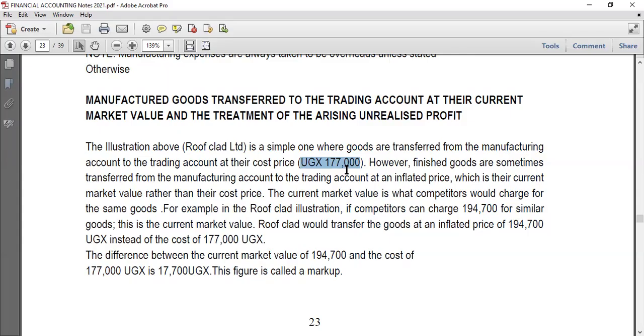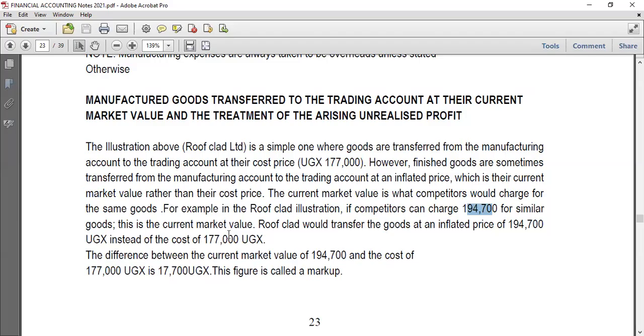But to get similar goods from a competitor, if we are not producing them internally, the competitor would charge us 194,700 for similar goods. Now, if that is the case, it means we're actually making a profit by producing internally.